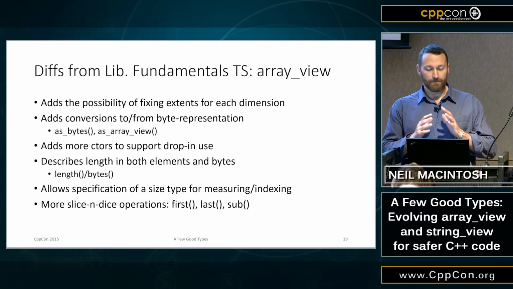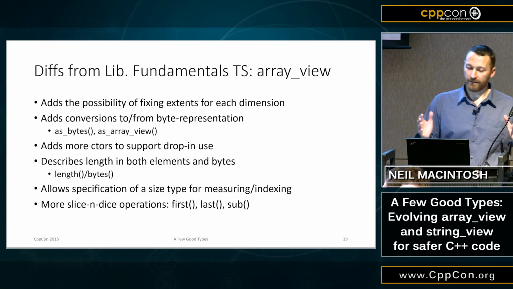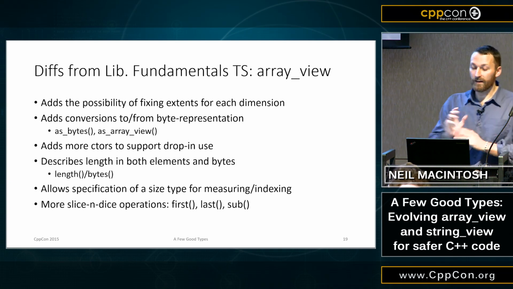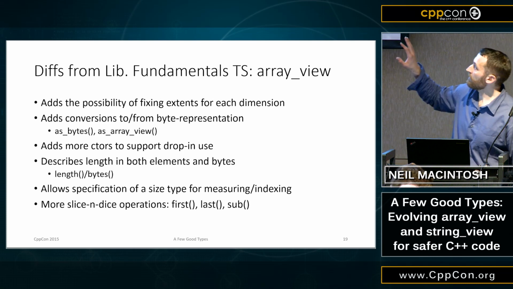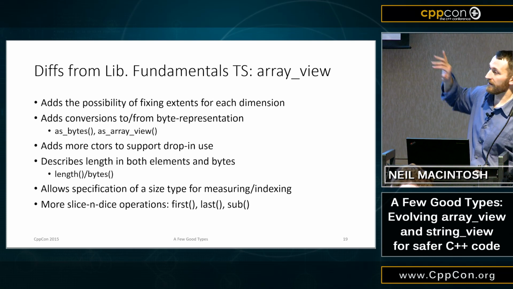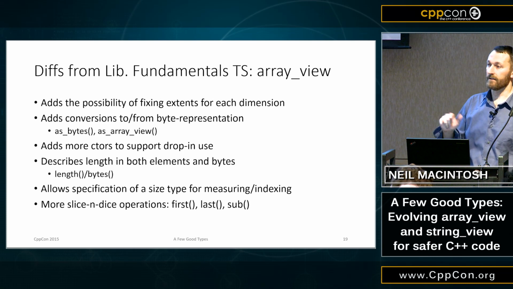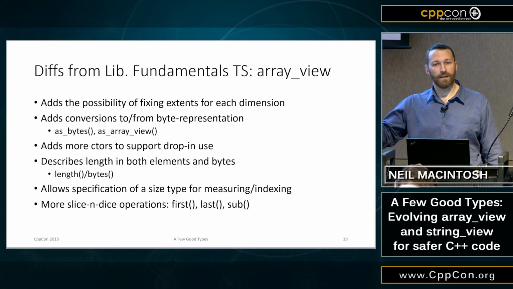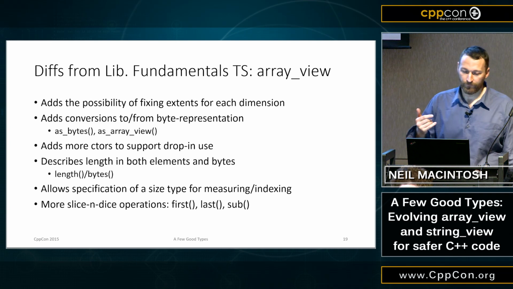So let's talk about how these magnificent types differ from their cousins that are currently in the library fundamentals TS. Hopefully the ways are not too great. One of the obvious ones for those of you who are familiar with the TS is we add the possibility of fixing the extents in each dimension for an ArrayView. That was that fantastic int, 10 example of the ArrayView I gave earlier.